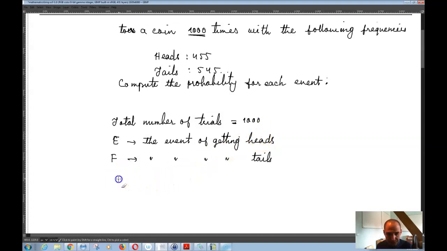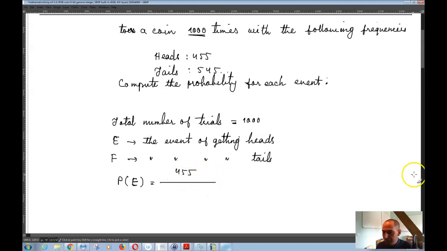So that means the probability of E would be equal to the number of times that E happens, which was 455, divided by the total number of trials.